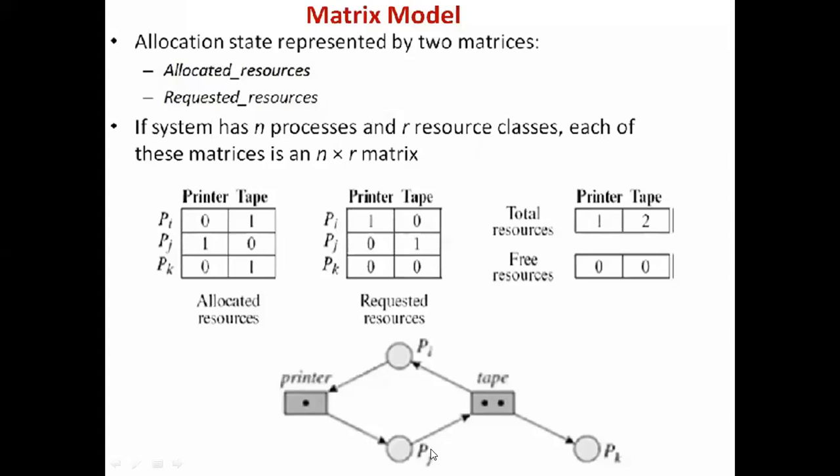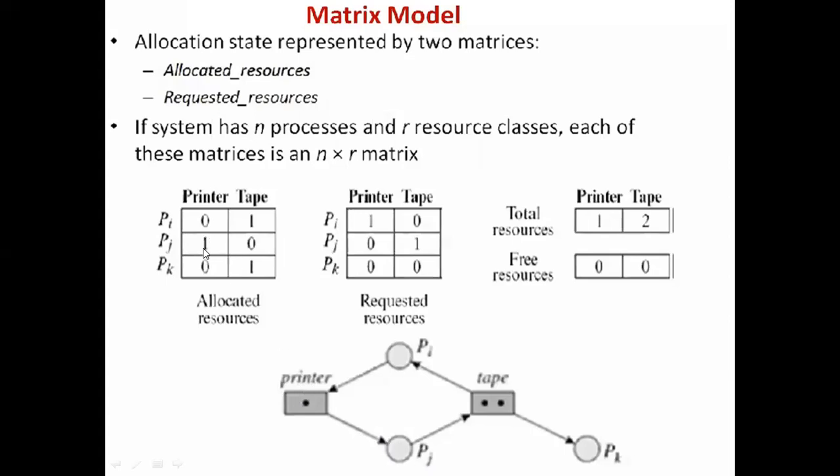And if you see the second process PJ here, for the process PJ you need to write down what all resources are being allocated to it. If you look at this particular edge, this indicates that one resource of the printer is allocated to the process PJ.